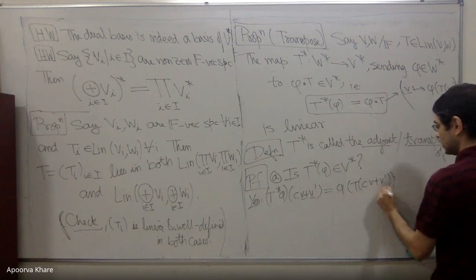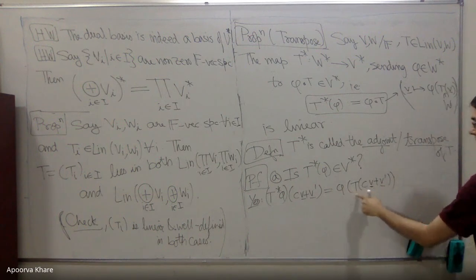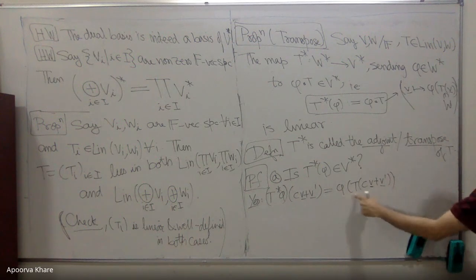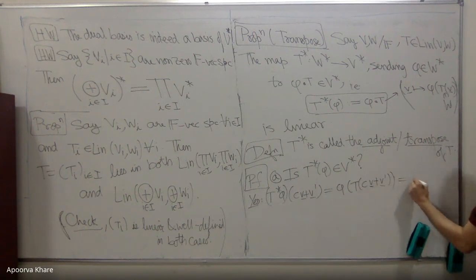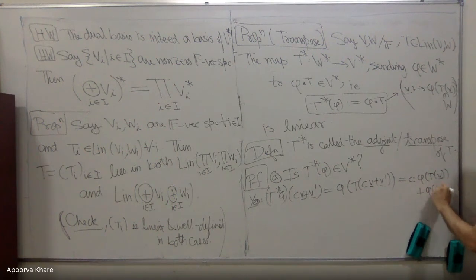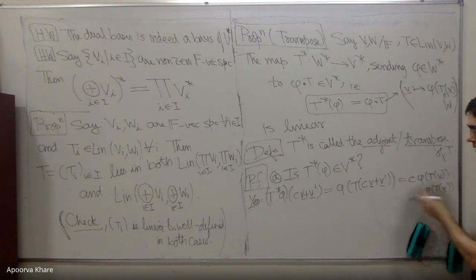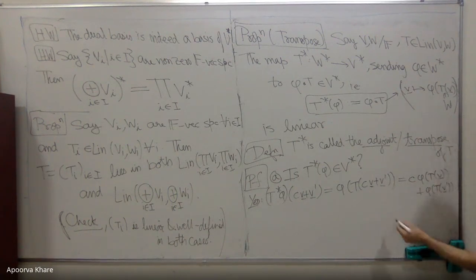But now T and phi are both linear maps, so phi composed T is a linear map. So this is of course C times phi of T of V plus phi of T of V prime. It's as bad as just saying I'm changing notation. But what is this?